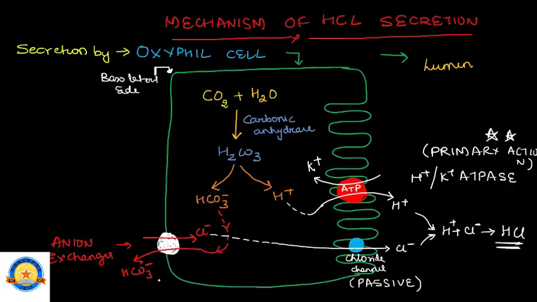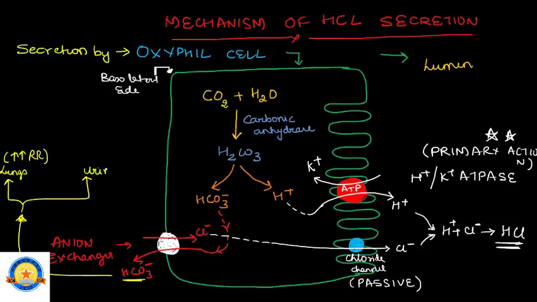Now, what happens to this HCO3 negative? That is the question. I'll write it over here. Part of this HCO3 negative is expelled by our lungs, by increasing the respiratory rate, and part of it by the urine.